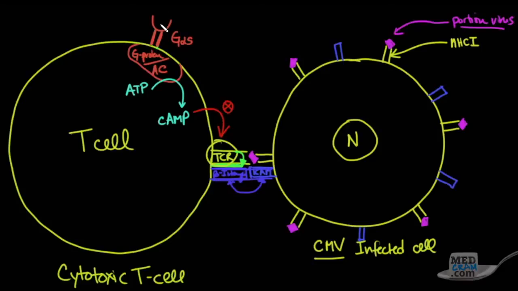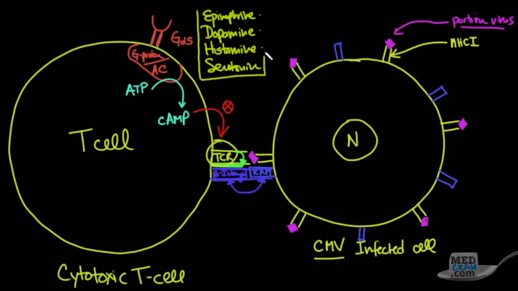So the question is what is actually stimulating this G-alpha S receptor? There's a number of things that can activate this. One of them is epinephrine, typically dopamine, histamine, serotonin. And the thing about all of these things that can actually stimulate this receptor here, they're all quite elevated when you are awake.